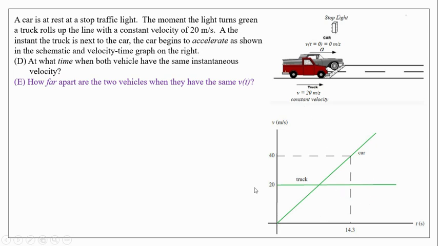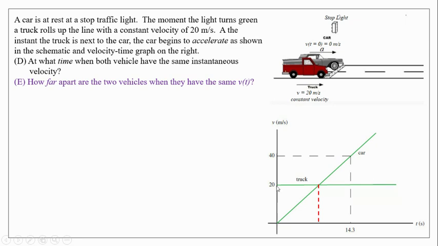Okay, so at what time do they both have the same instantaneous velocity? Well, the graph tells us, at this point. When you're given two lines here, it's important to interpret the intersection point. This intersection point tells me that both vehicles have the same speed at this time, which is 20.